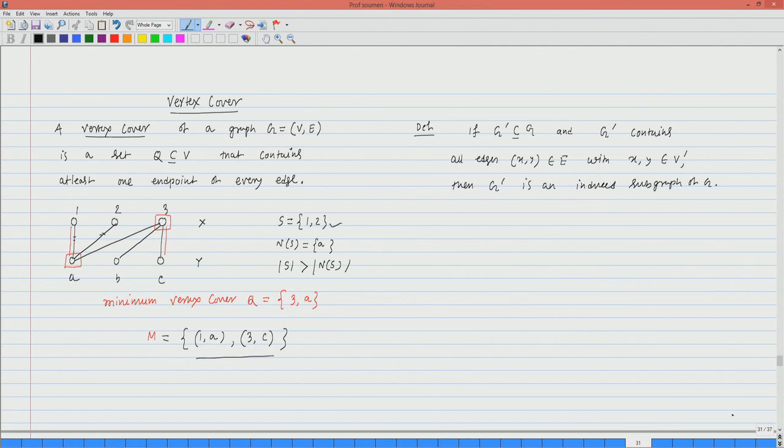Okay. So, this V prime is the vertex set for G prime.